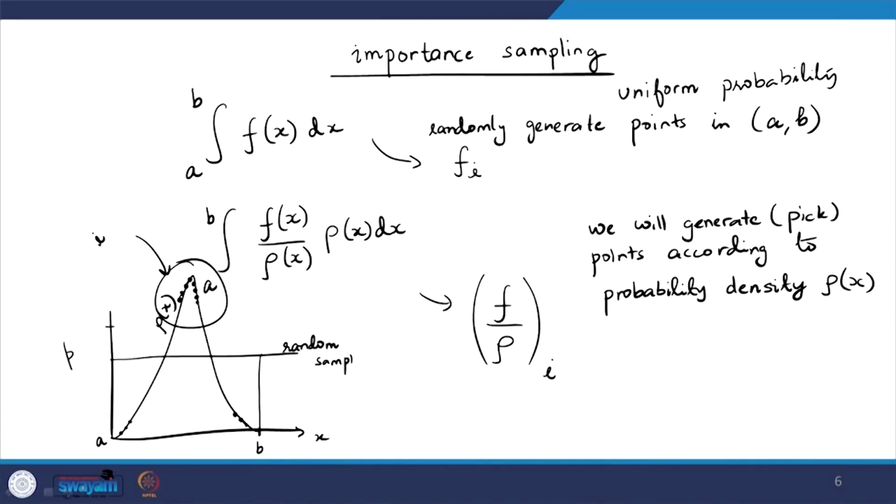So, this is like when the integrand is high, or we can say it is a more important regime, because in this part and this part, if the integrand is small, then that will not significantly contribute to the integration anyway. So, why I keep sampling points in the regime for which the function value is very small? It is not worth doing.